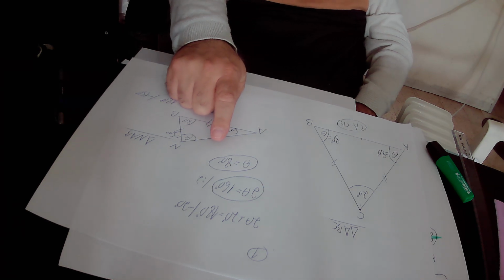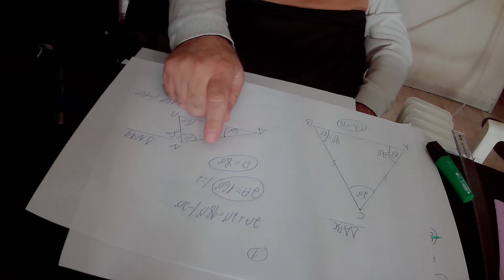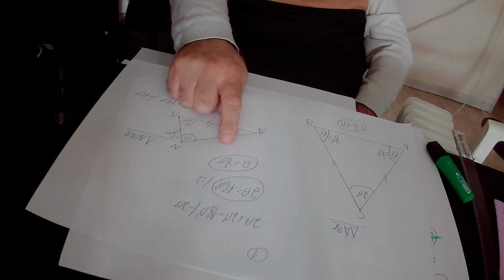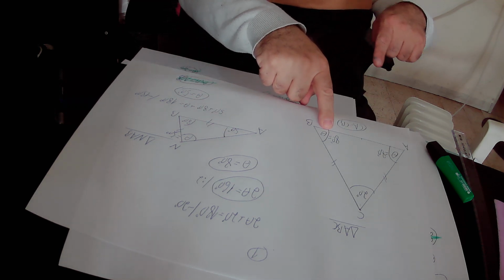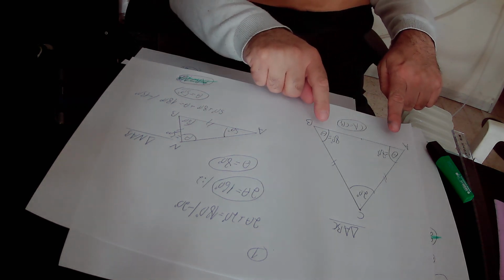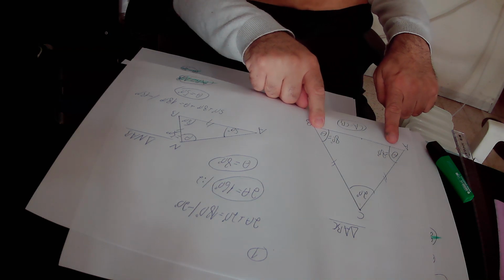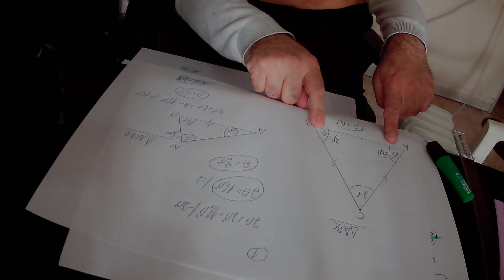We divide by 2, and finally find that angle theta equals 160 over 2, that is 80 degrees. So those two angles are both angle theta, equal to 80 degrees.